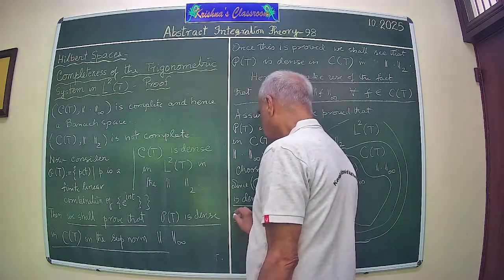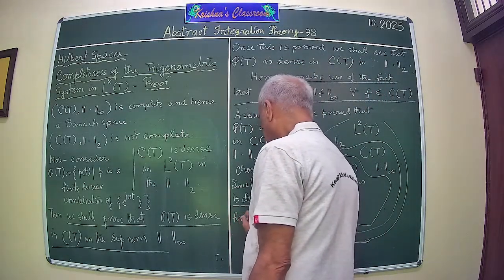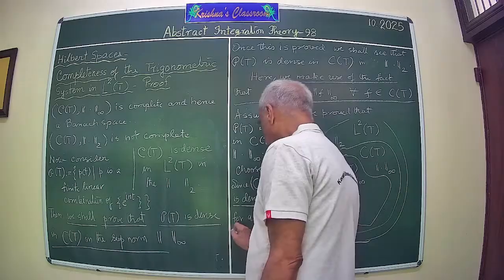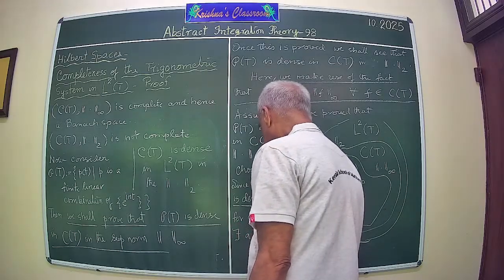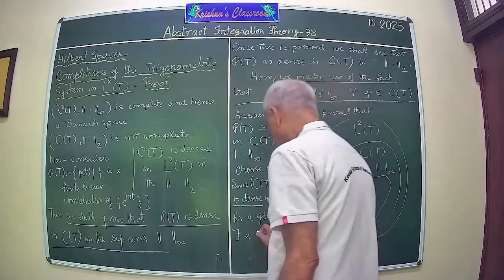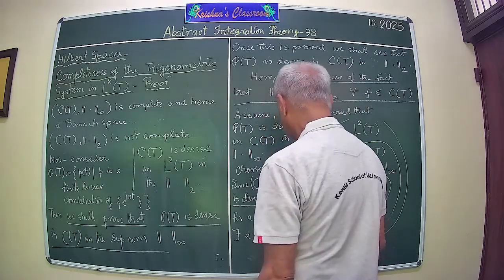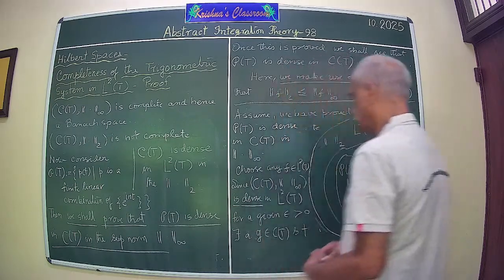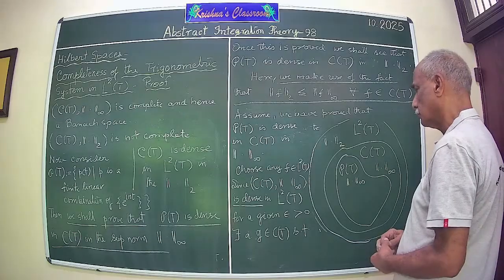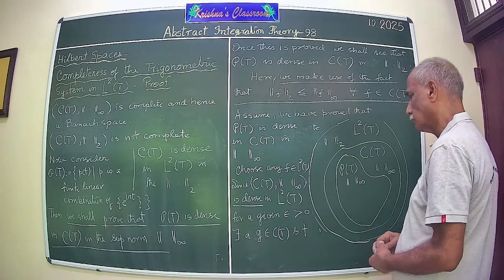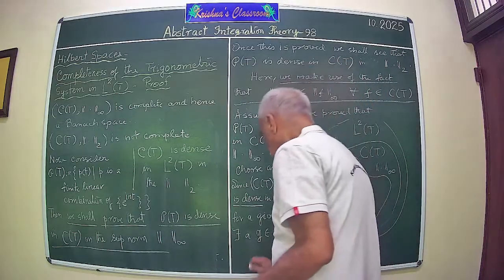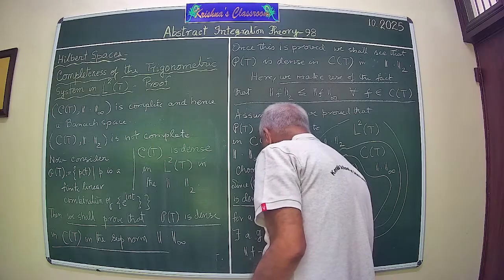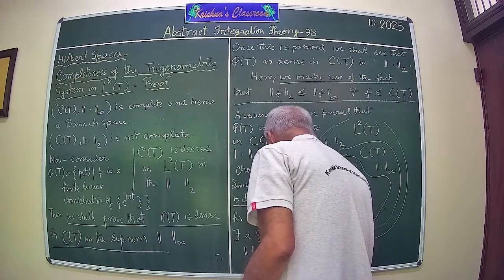For a given epsilon there exists a g belonging to C(T) such that the norm of f minus g is less than epsilon by 2.